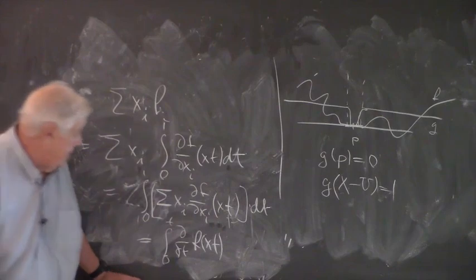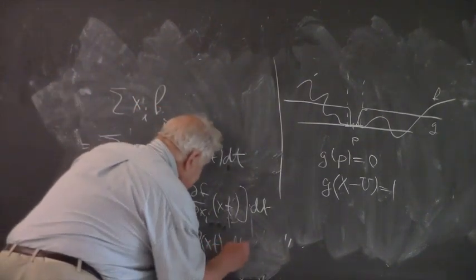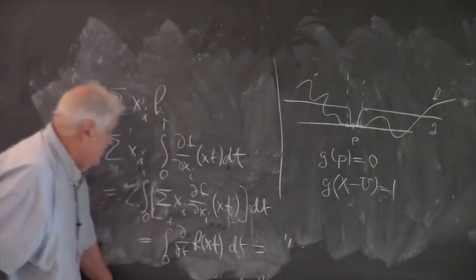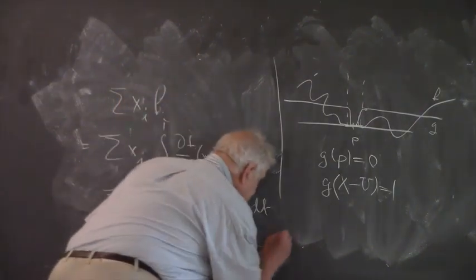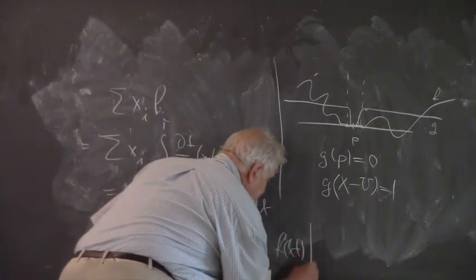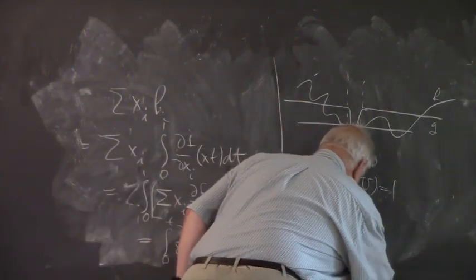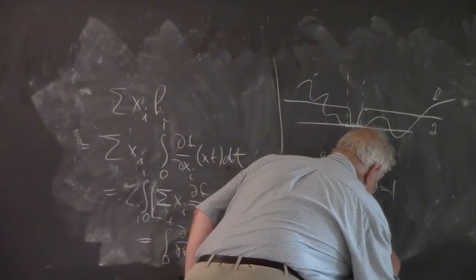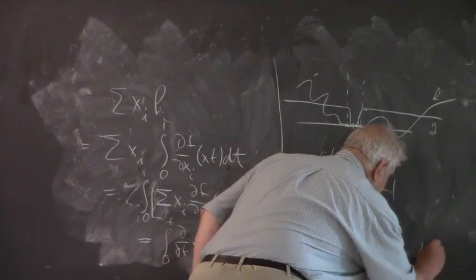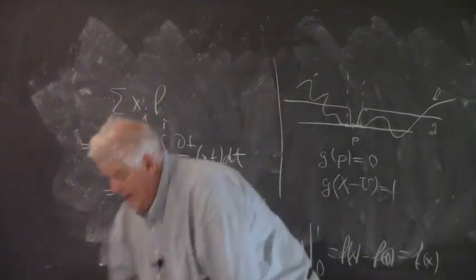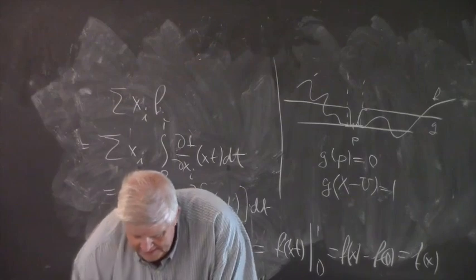Then dt. Then your favorite fundamental theorem of calculus says that it is f of x minus f of 0, which is f of x. So this is done.